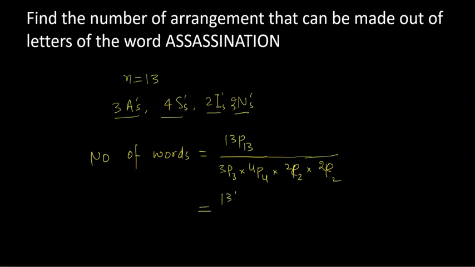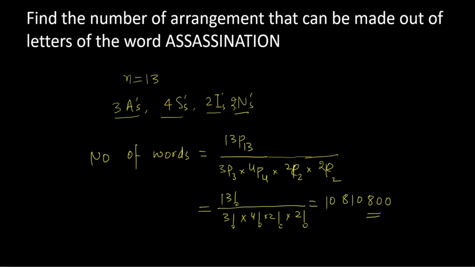So it is going to be 13 factorial divided by 3 factorial, 4 factorial, 2 factorial, and 2 factorial once again. You can solve this entire problem, and it is going to give you something like 1081080 possibilities.